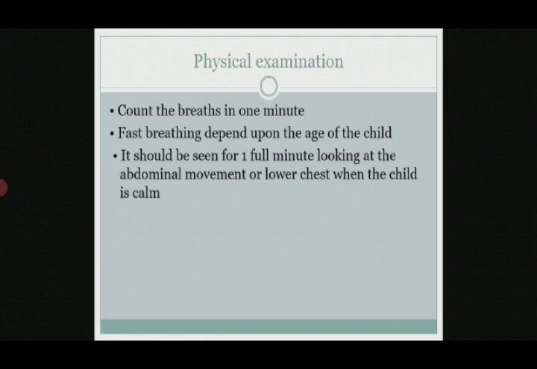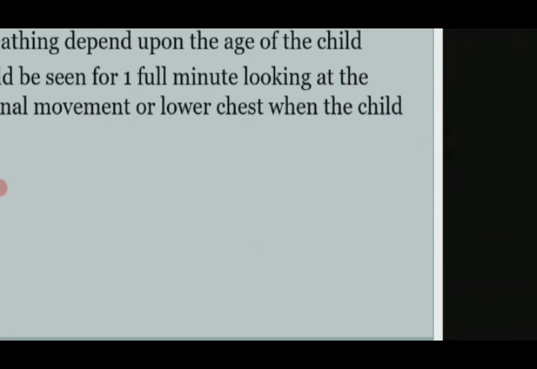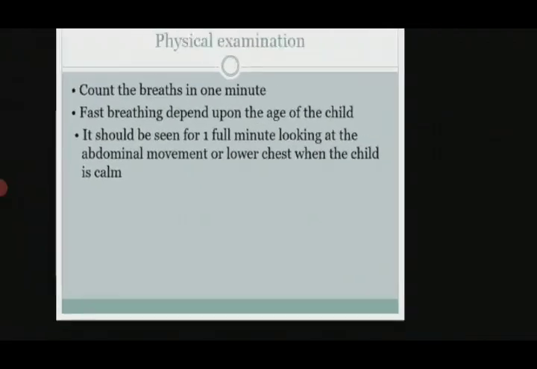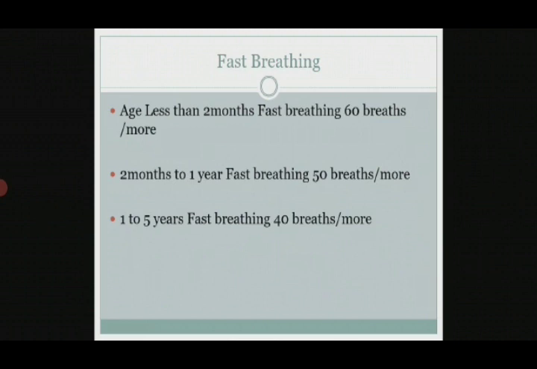Then physical examination. The child is observed for a full 1 minute, looking for abdominal movements or lower chest movements when the child is calm. Then the child is looked at for fast breathing.